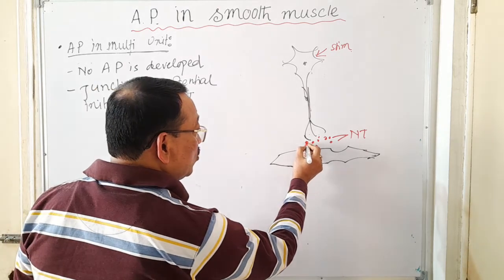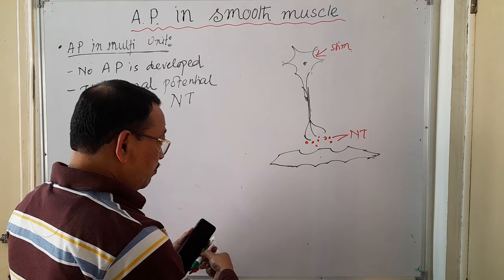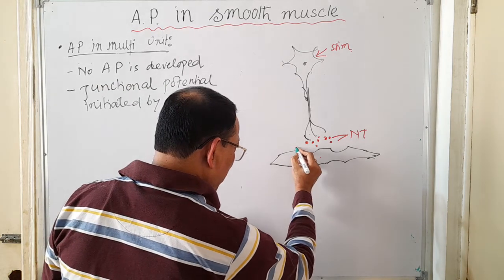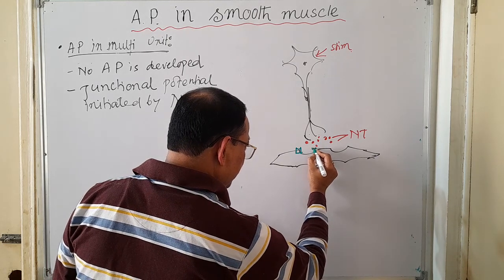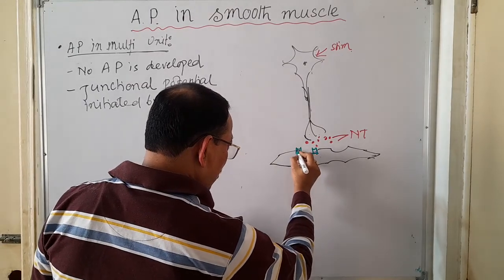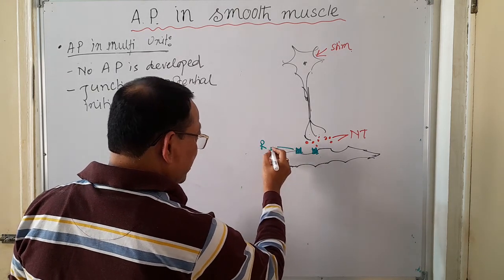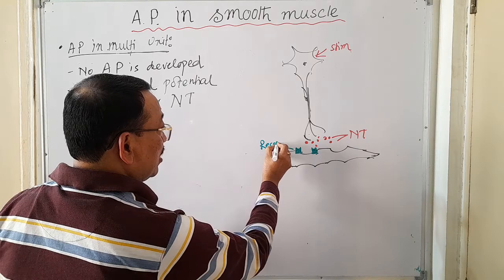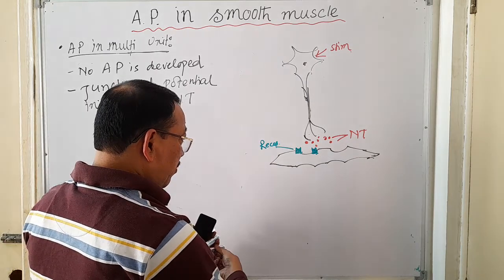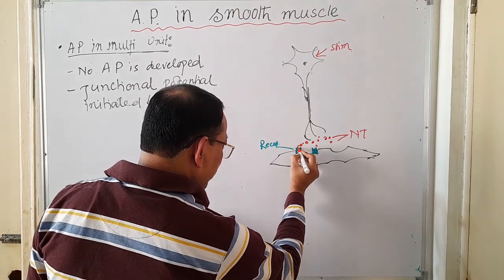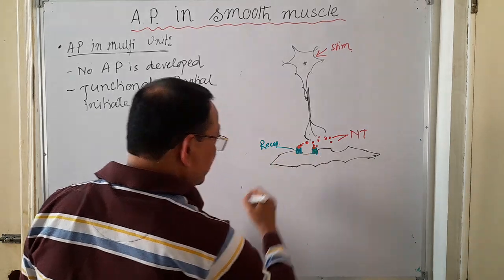Now this neurotransmitter will bind with the receptor present on the smooth muscle membrane. So there is a receptor present on the smooth muscle membrane, and the neurotransmitter binds with this receptor.